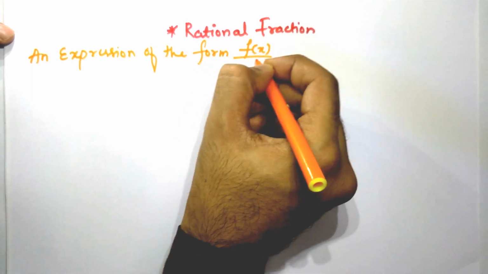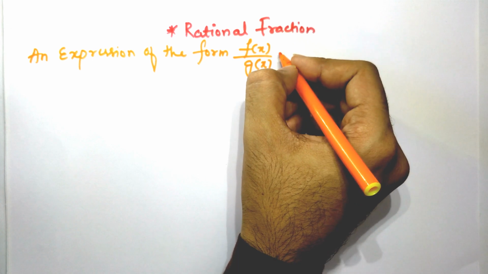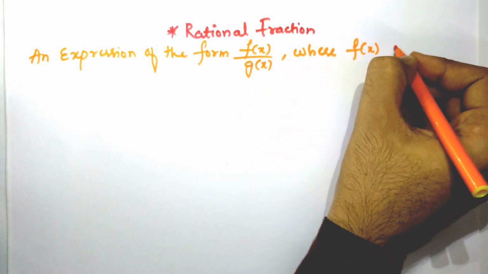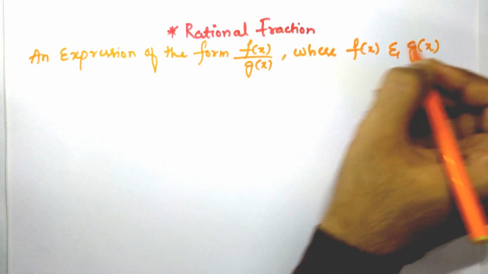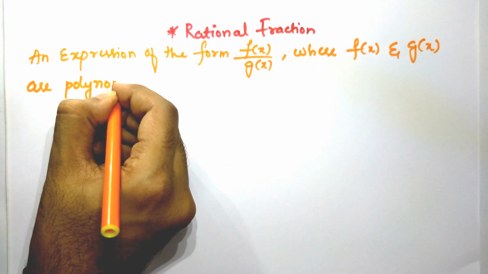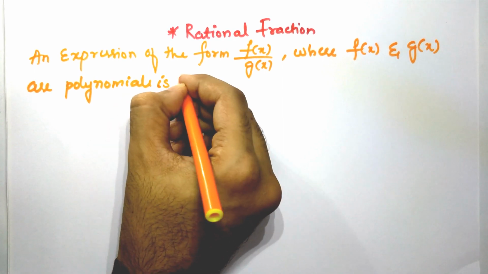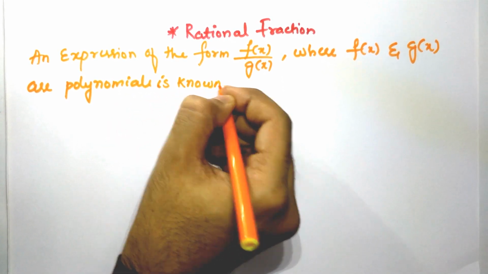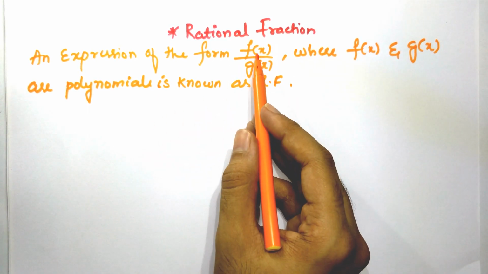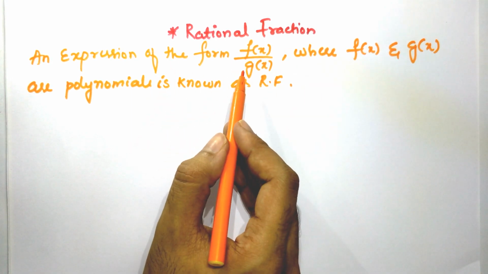An expression of the form f of x by g of x, where f of x and g of x are polynomials, is known as a rational fraction. So an expression of the form f of x by g of x, where f of x and g of x should be polynomials.